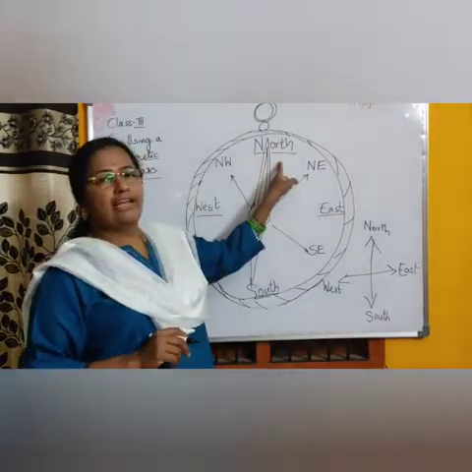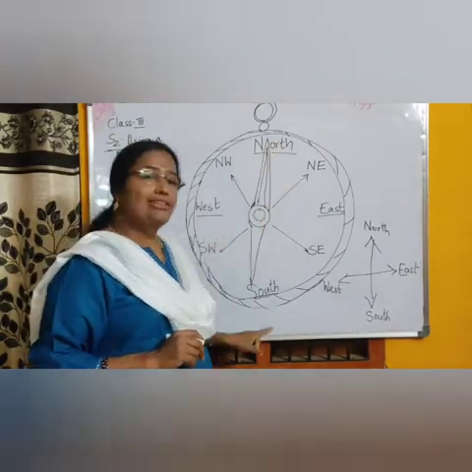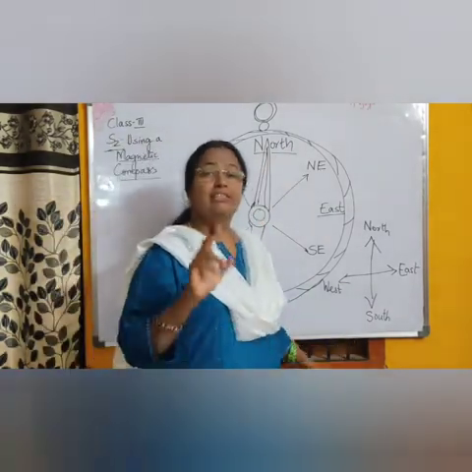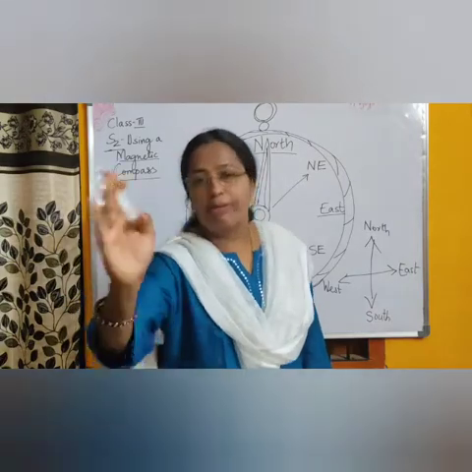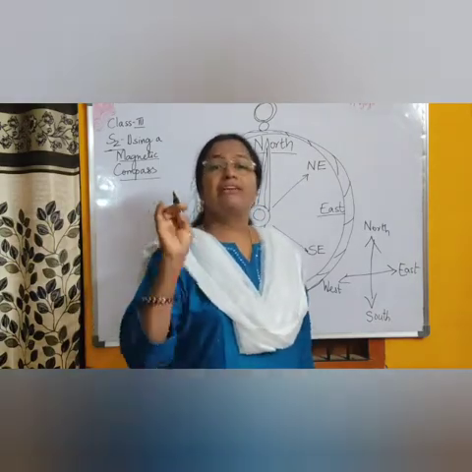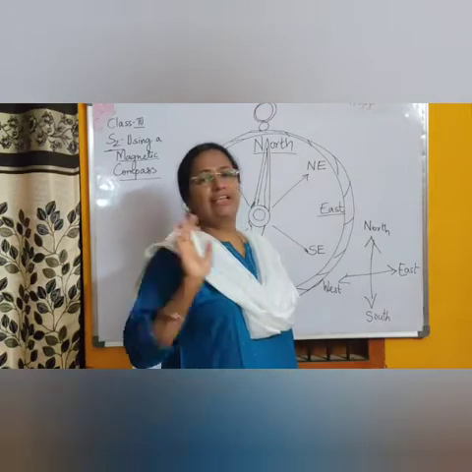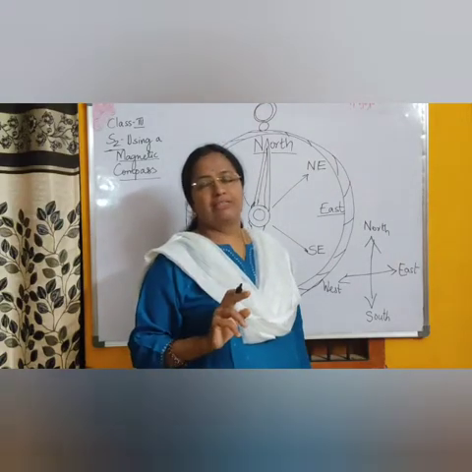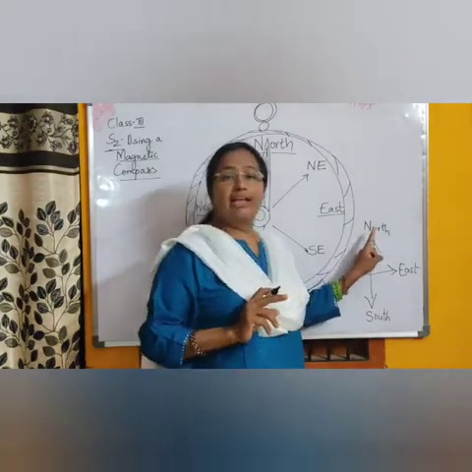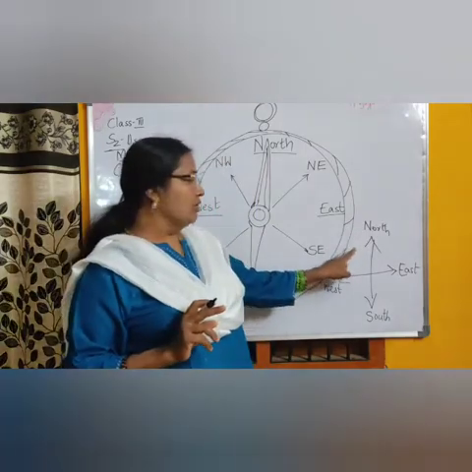Here is the north direction. Then opposite of north is always south. These are the golden rules which you have to remember because they'll help you in solving many things. This is north.